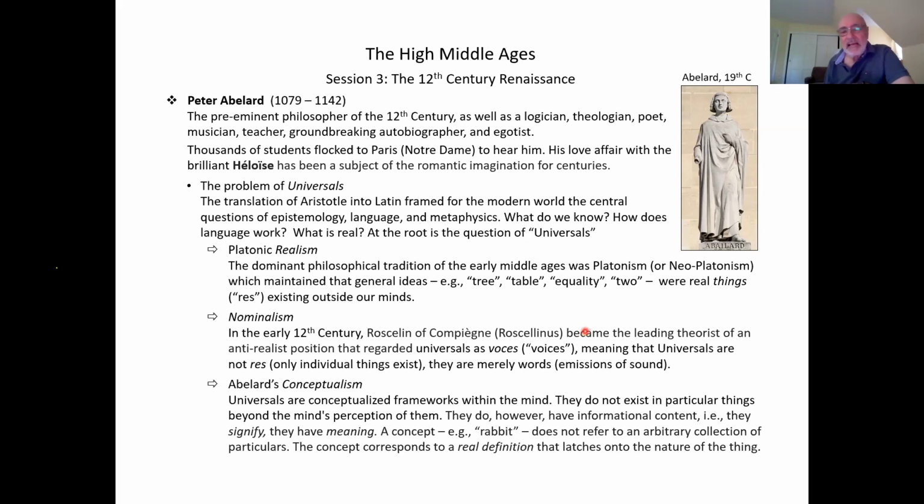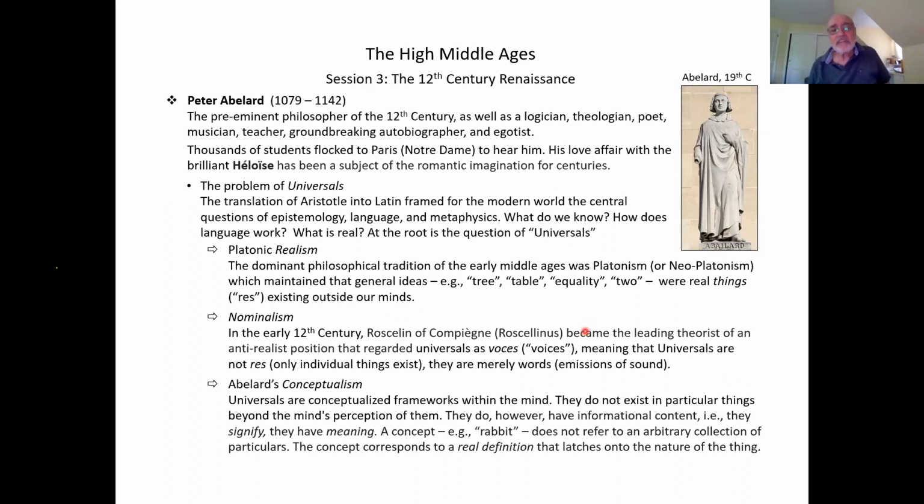Now, in general, I'm oversimplifying here, but there are three basic approaches to this question. The first one, proposed starting in the 5th century BC and mainly in the 4th century BC by Plato, is usually called Platonic realism.